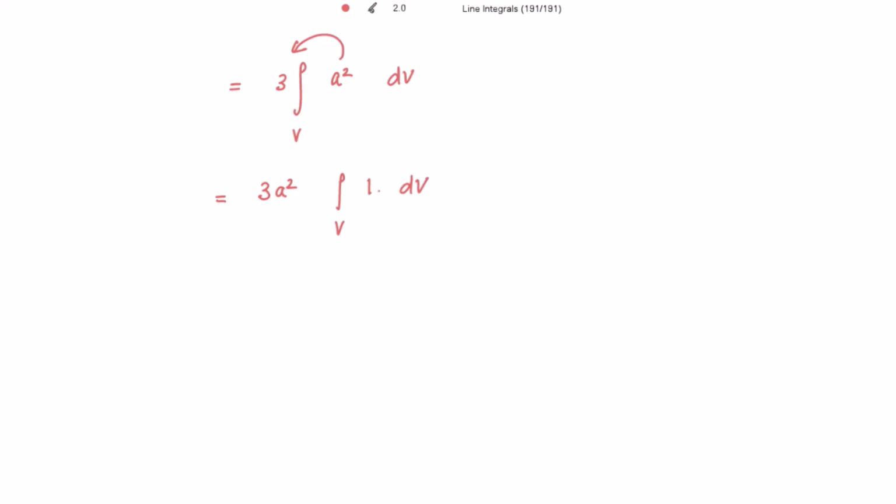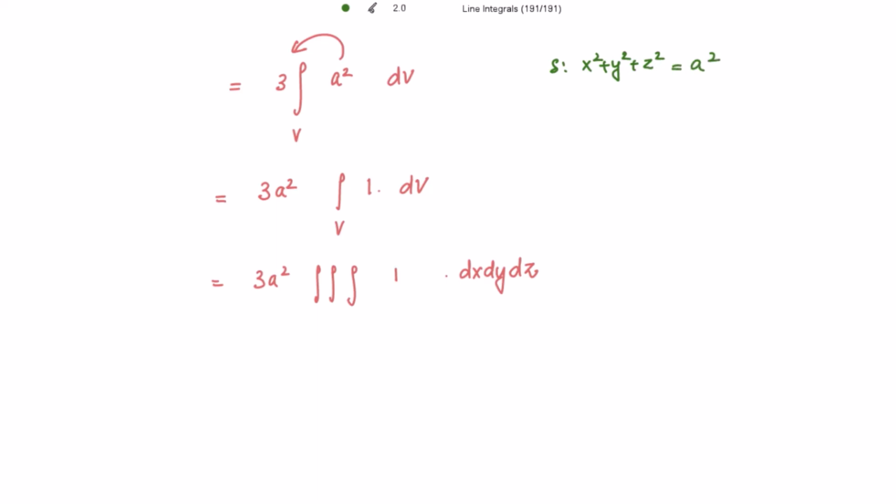Now evaluating this volume integral, we write 3a square the triple integral of 1, and for dv I am writing dx dy dz. Putting the limits of x for the inner integral, we have the surface given to us as x square plus y square plus z square is equal to a square.